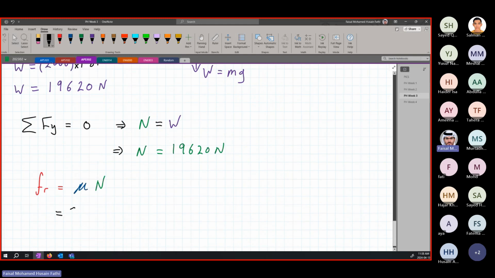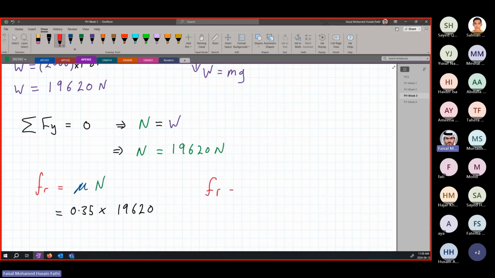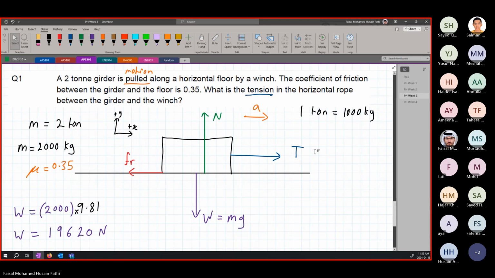It's equal to 0.35 times the normal force, which is 19,620. So friction is equal to 0.35 times 19,620, which is 6,867. Here, keep in mind that our friction force is going to the left and our tension is going to be on the right.